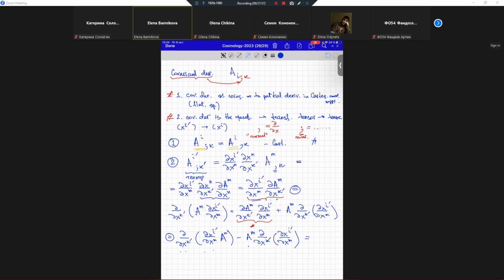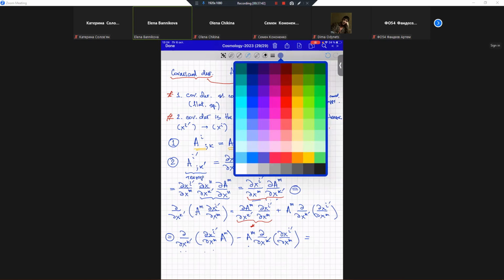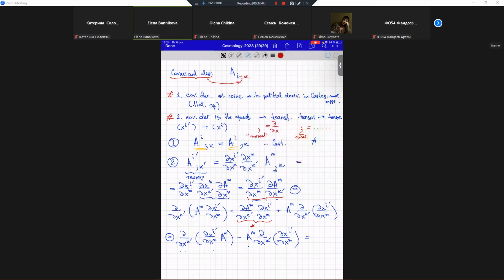Okay, and what we can see here, what is this? This is exactly the transformation of a contravariant vector A prime.